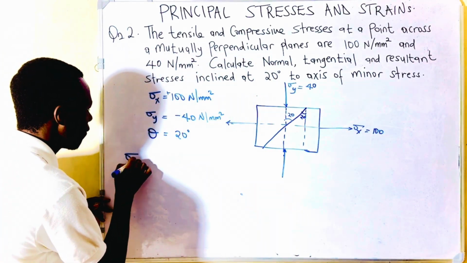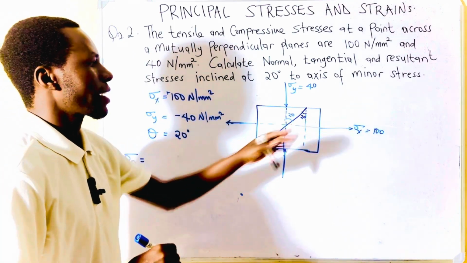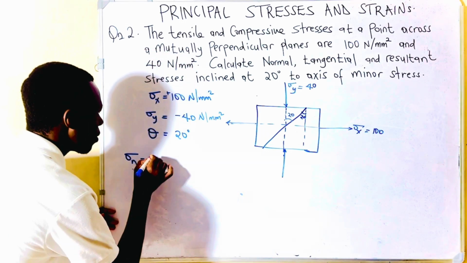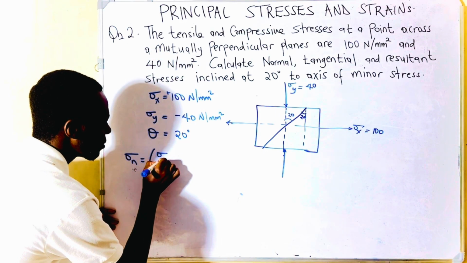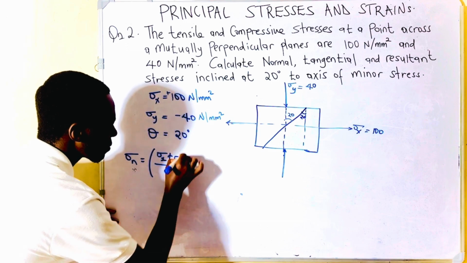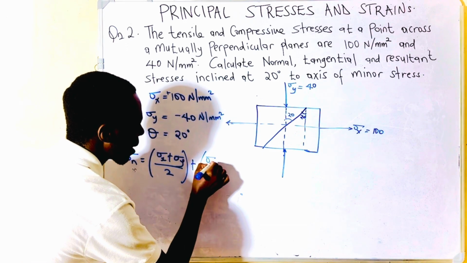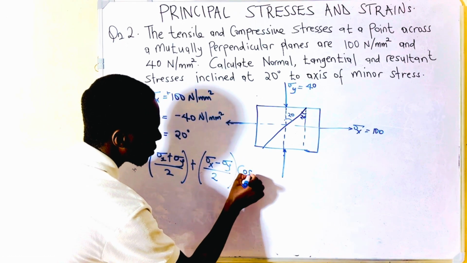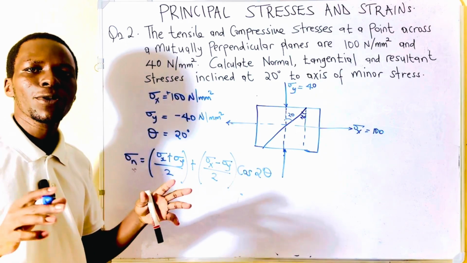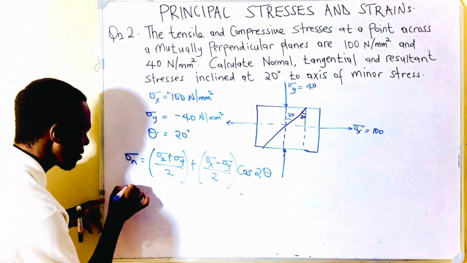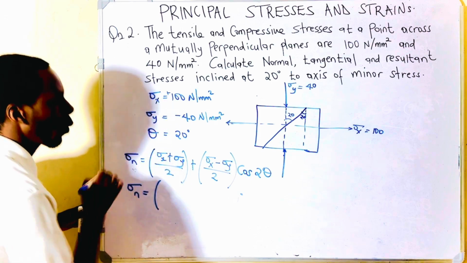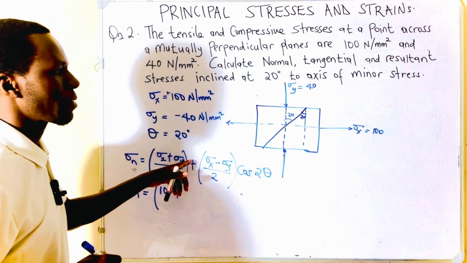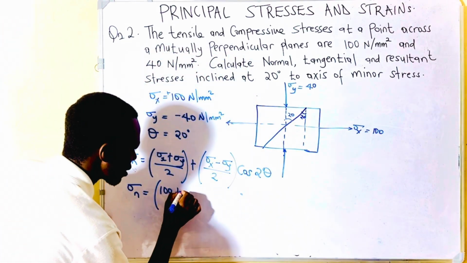So sigma normal, for this particular case, this was our second case where we have two mutually perpendicular stresses. The formula that we got was sigma n equals sigma x plus sigma y over 2, plus sigma x minus sigma y over 2, times cos of 2 theta. We substitute this. Sigma n equals, what is our sigma x? It is 100, plus sigma y, which is minus 40.